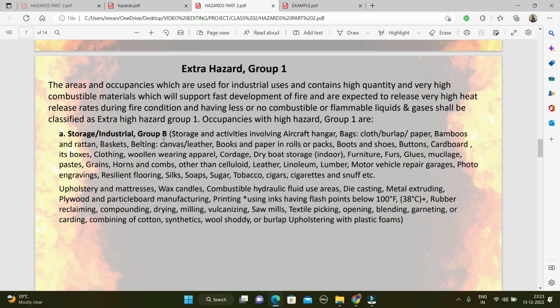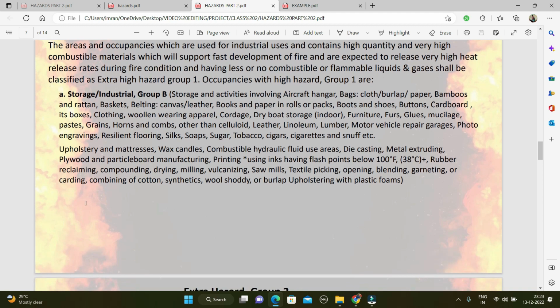Now see some examples so that it will be clear. A storage material group B, like storage and activity involving aircraft hangar, and boots and shoes, button, cardboard, horns, different types like cigar, tobacco, sugar storage, silks, and motor vehicle repair garage.